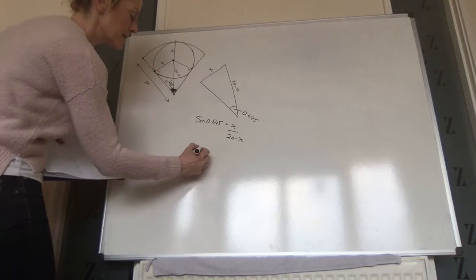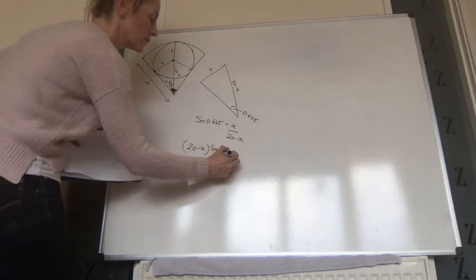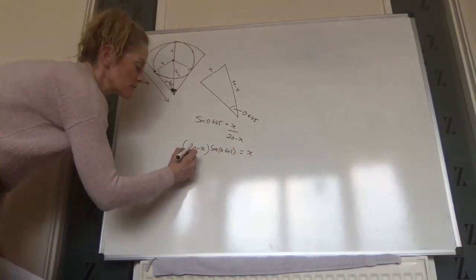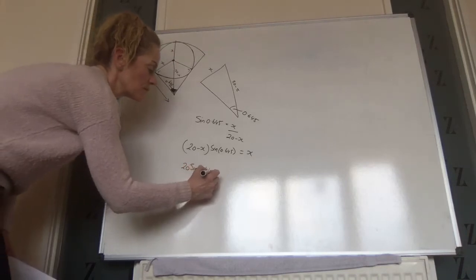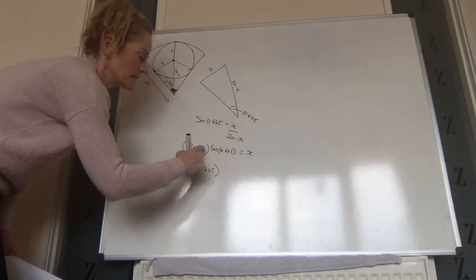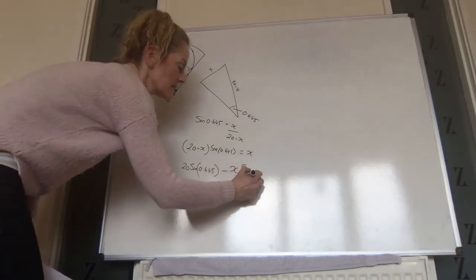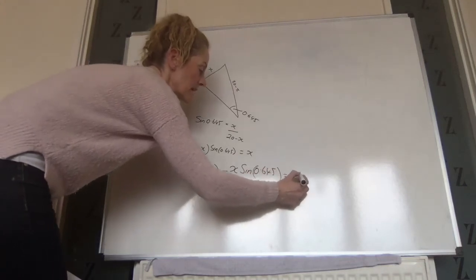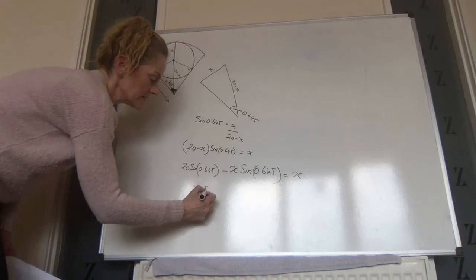From that, 20 minus x multiplied by the sine of 0.645 is equal to x. Multiply out: 20 sine 0.645 minus x times the sine of 0.645 is equal to x.